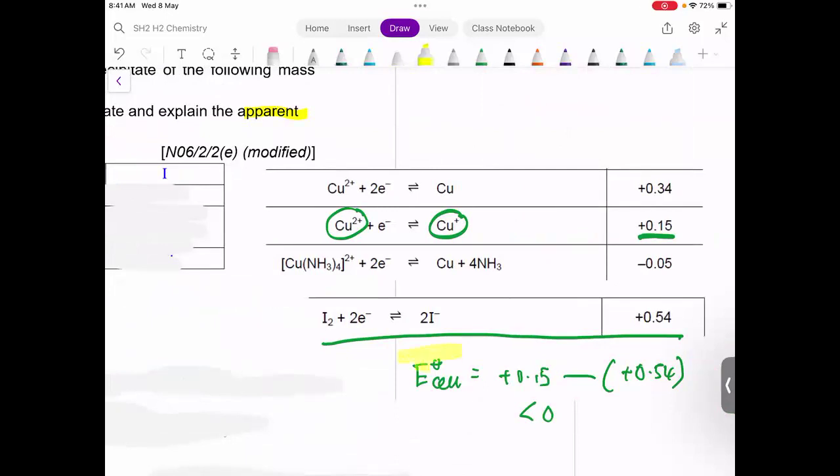Remember, this E0 cell is based on what? What is the significance of this phi symbol? Standard condition. Standard condition means your ions must be 1 mole per dm cube by default. Any dissolved species in the aqueous medium must be 1 mole per dm cube.